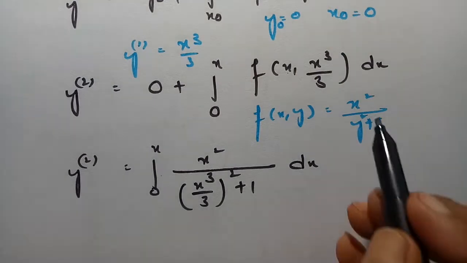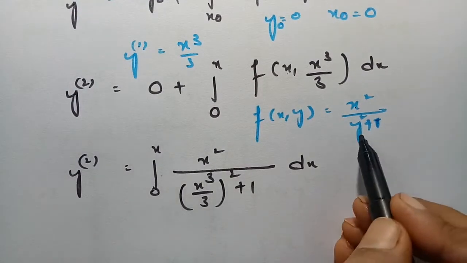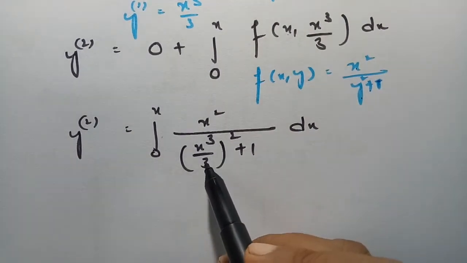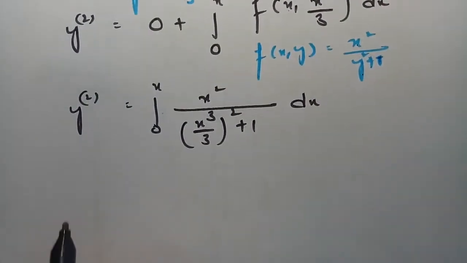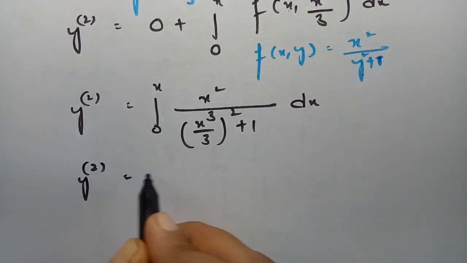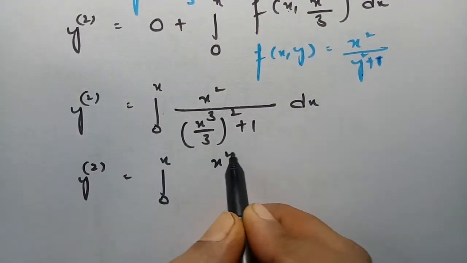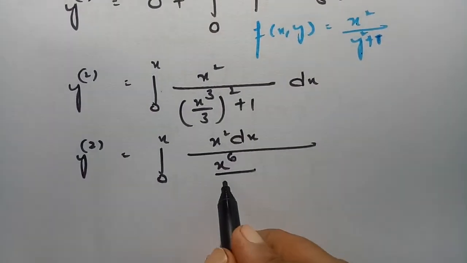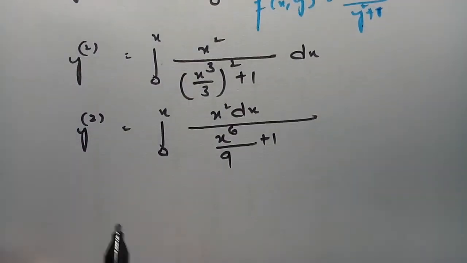If I keep in the question, x square is x square as it is, in place of y we have x cube by 3. If I substitute, it will be x cube by 3 whole square plus 1. So this value is integral 0 to x, x square dx by x power 6 by 9 plus 1.